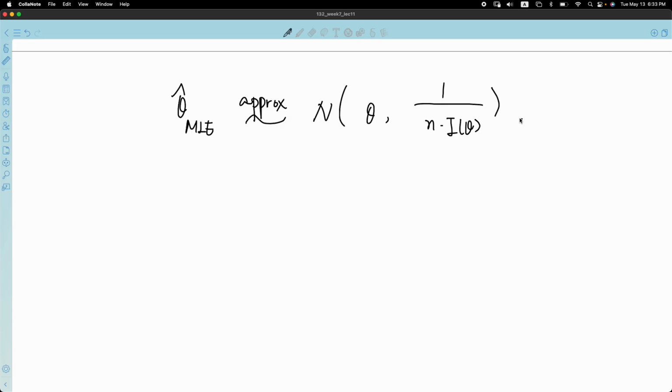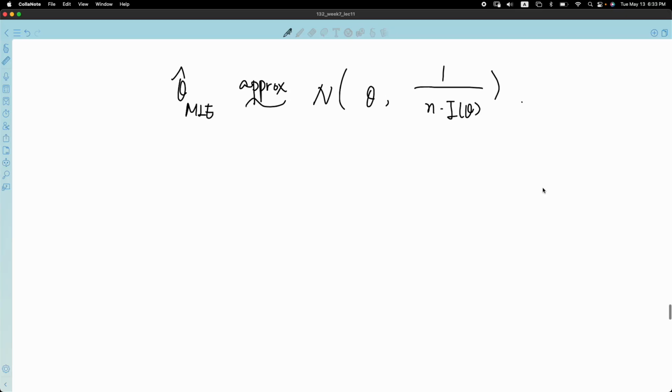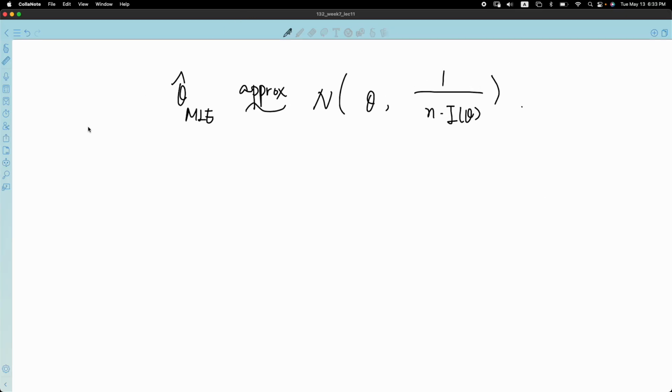There is a proof for this when n is very large, but in practice you can just apply this normality. The usage of this normality is that you can construct a confidence interval for your parameter theta.